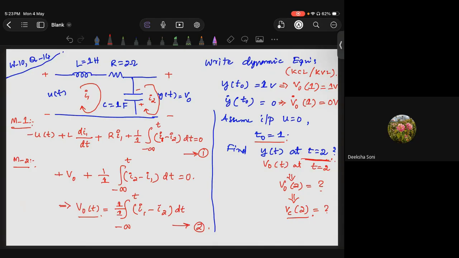Can we convert everything into, let me explain. We have been given initial conditions; the initial condition of V naught is given.